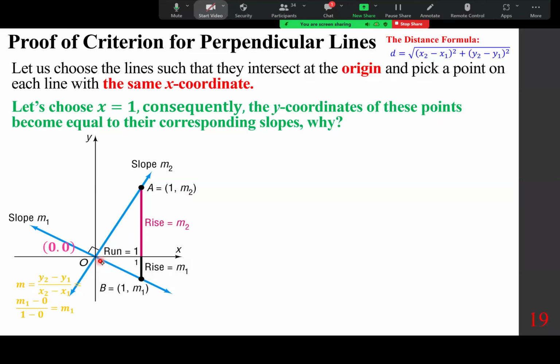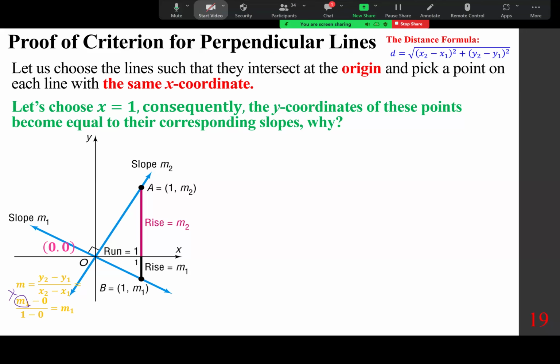And we know the slope is y sub 2 minus y sub 1 over x sub 2 minus x sub 1. So if we assume it's m sub 1, we see that it works out. If we don't know that, if we don't assume it's m sub 1, let's say we don't know it, let's put some other variable.